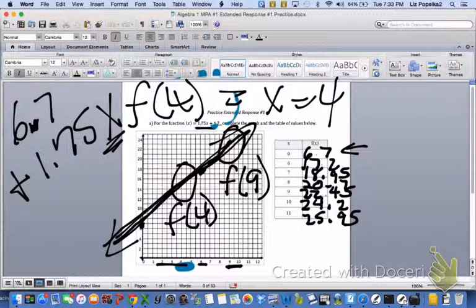That x represents a day. Okay, even though, thank goodness that's not true, it does make sense mathematically because she's saying $1.75 per day, hence the x, and I started out with $6.70.